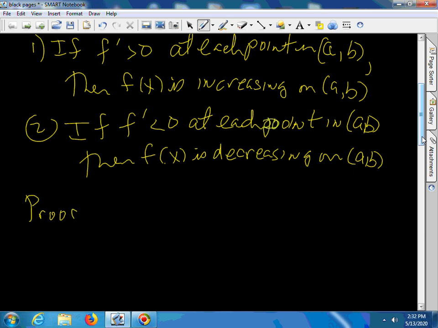So we have two things to prove. So, proof of the first one. We are told that f prime is bigger than 0 for all x in AB.